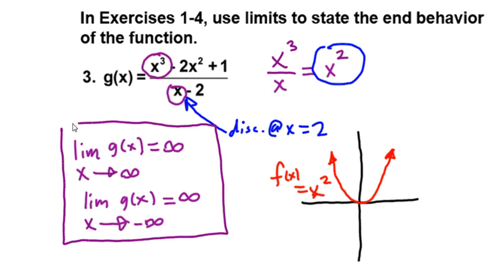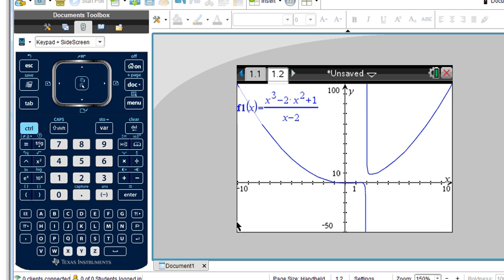I want to show you a graph I made on a calculator before making this video. Here's our function graphed. As we predicted, we have a vertical asymptote at x equals 2, but our end behavior is just like a quadratic function.